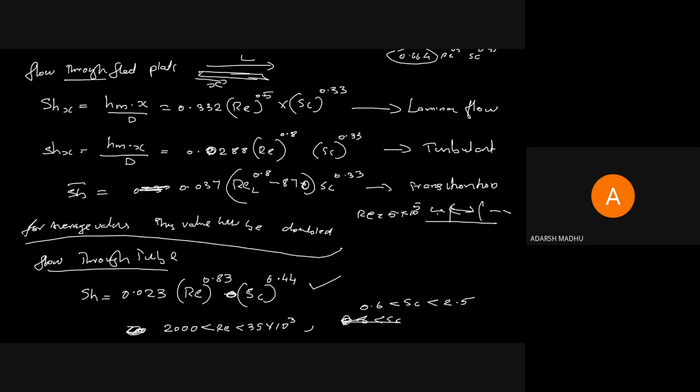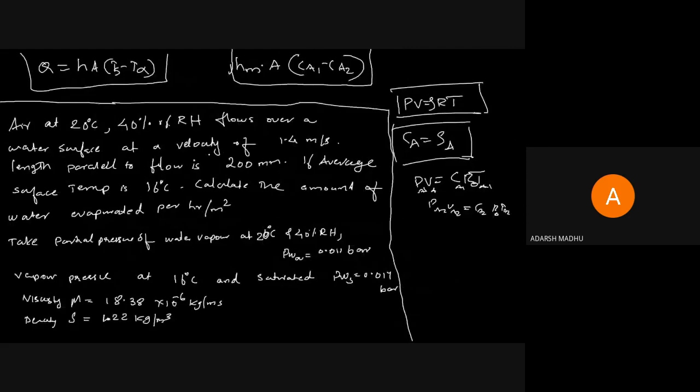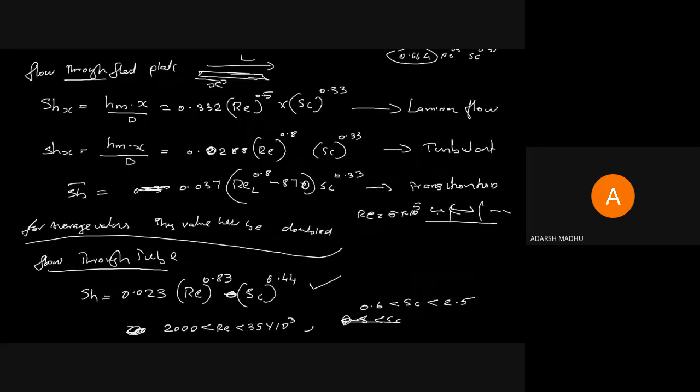Here the question is asking for the average value itself. The average surface temperature of 16 Celsius is given, so it is an average condition. You want to take the double value of this, whether it is laminar or turbulent flow. So first find the Reynolds number to confirm which equation to use.